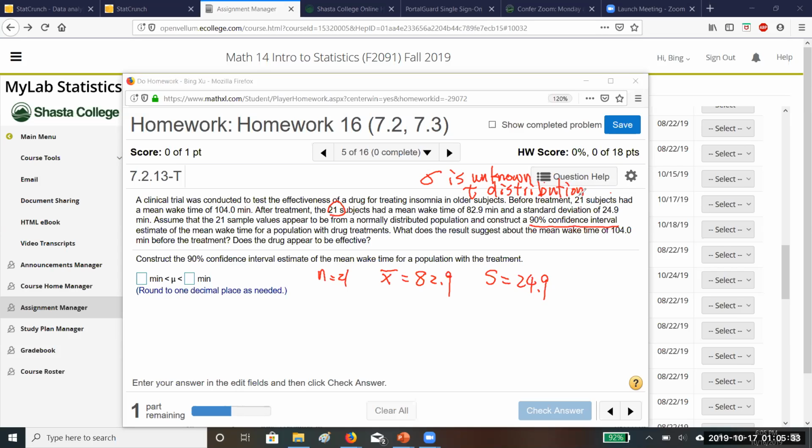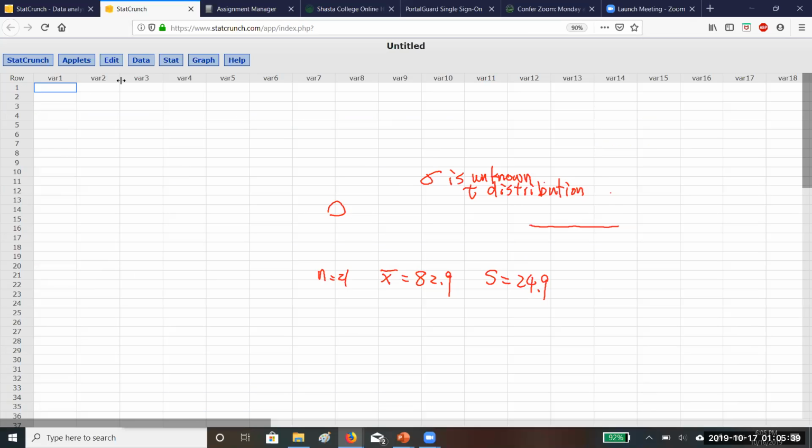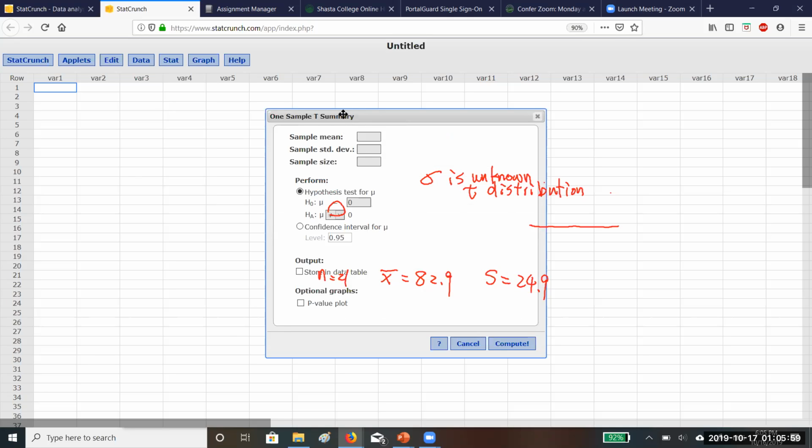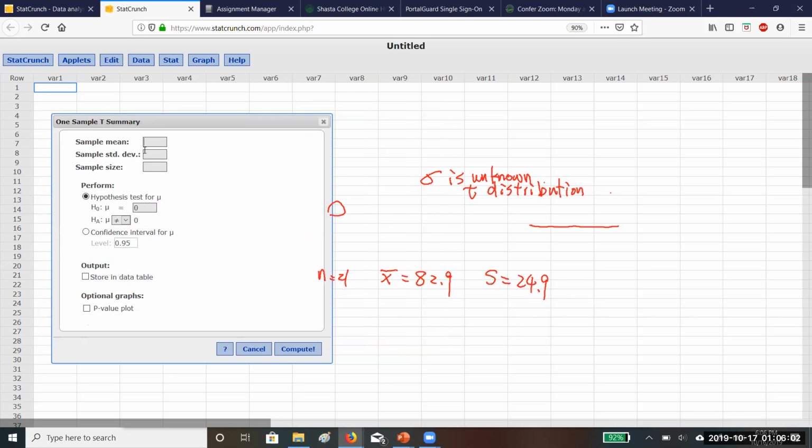Okay, so where do we go on StatCrunch? You go to StatCrunch, Stat, then T-stat, because you're trying to look for the population mean and sigma is unknown. That's T-stats. One sample, in our case, is with summary because we know all the values. So what do we know? We know your sample size is 21.